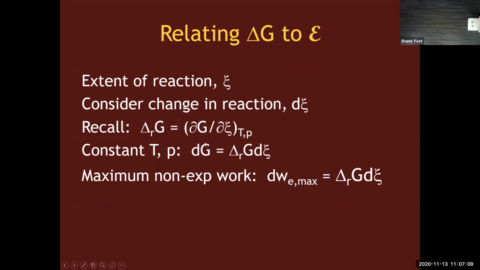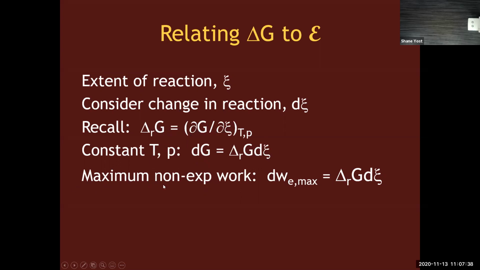We talked about that with equilibrium: the change in free energy of a reaction is related to how the free energy changes with respect to how far the reaction has progressed. Assuming constant temperature and pressure, rewriting this, dG/dζ means dG equals ΔG of the reaction times dζ.